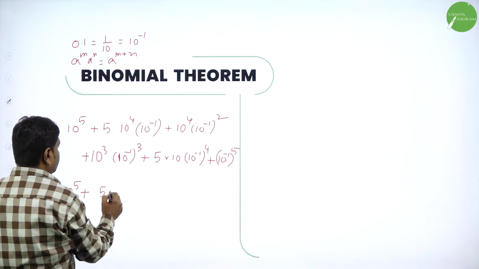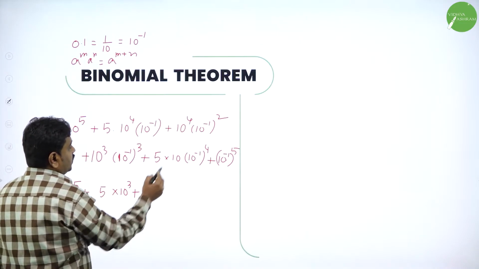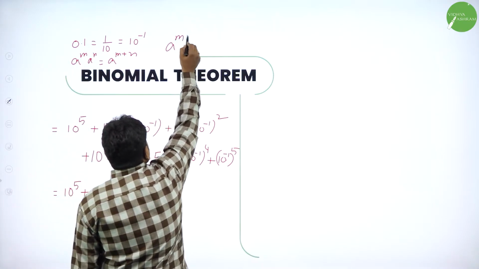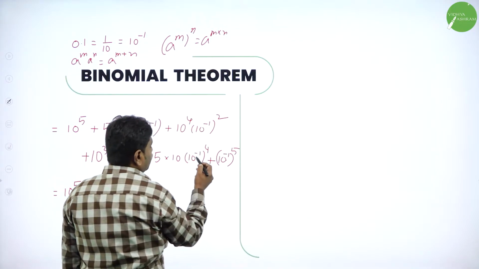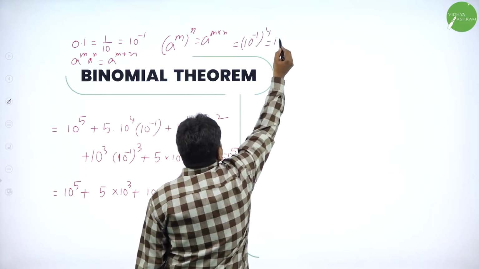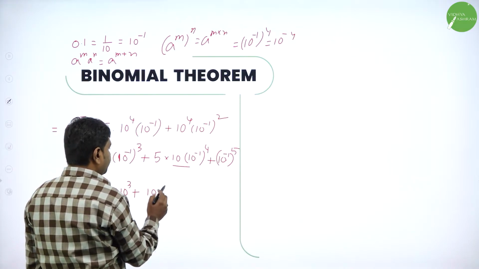So 4 minus 1 becomes 10 cube, plus 10 power 4. You know the law of indices, a power m whole power n is a power m into n. So same thing, 10 power minus 1 into 4 becomes 10 power minus 4. And 10 power minus 4 into 10 becomes 10 power minus 3.